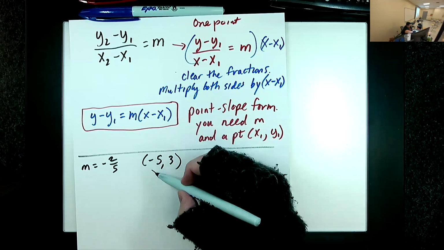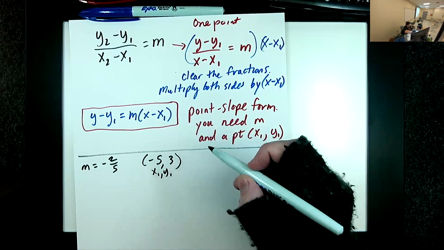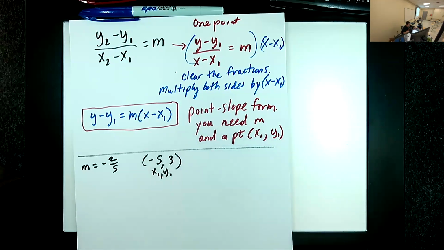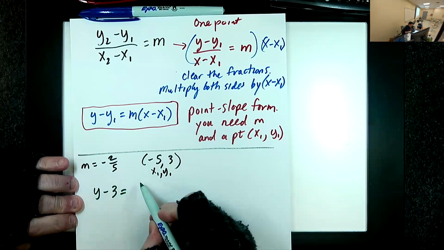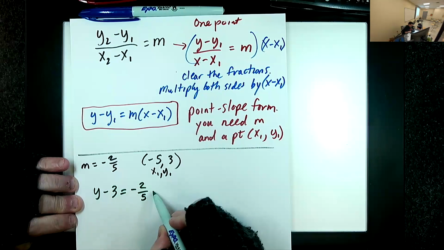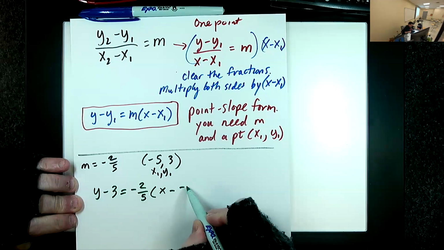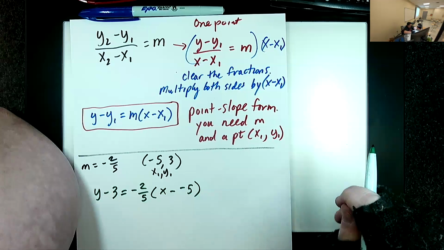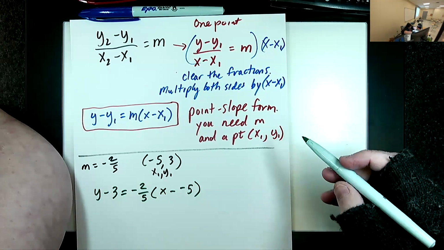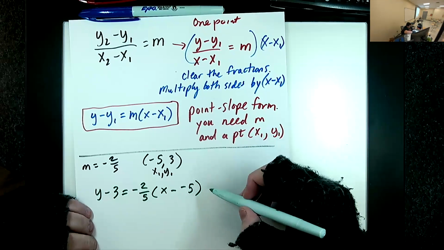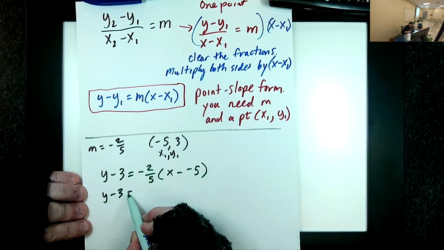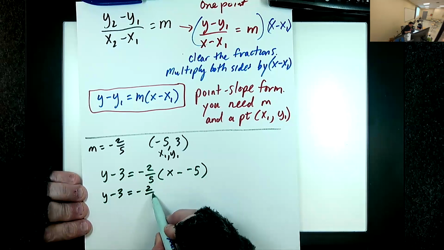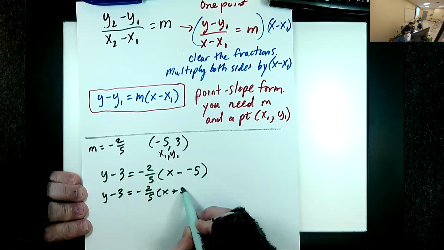So this is our x1 and this is our y1. So we plug them in. I have y minus 3 equals, and I plug in my m, negative 2/5, times x minus -5. I'm going to clean up, I got two minuses in a row. That becomes addition.